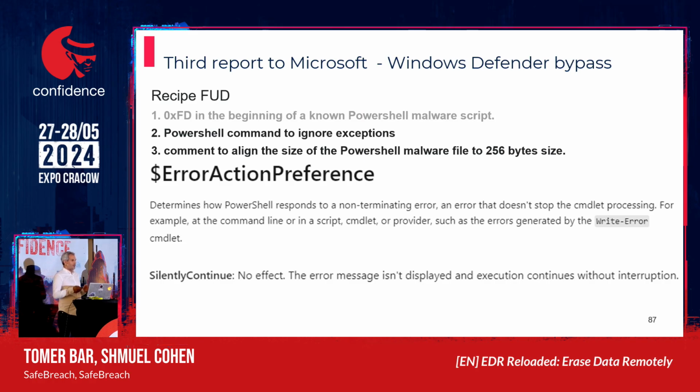So even if you have a wrong command, the FD command, it will just skip it and execute the entire script after it. To align the file to 256 bytes is very easy, because you can add a comment, just calculate the file size, and pad it to 256, and then you have a full bypass.